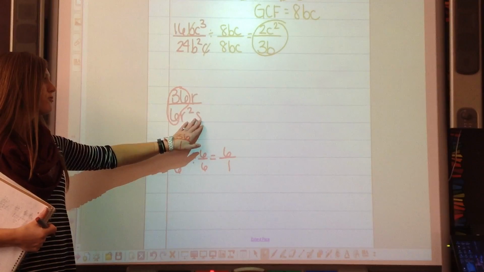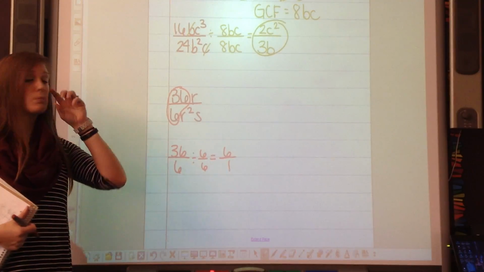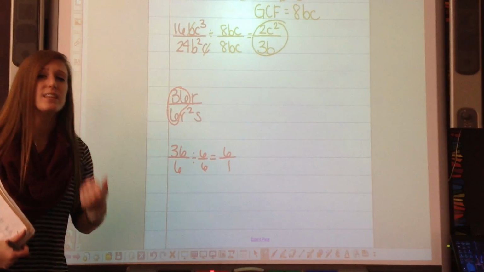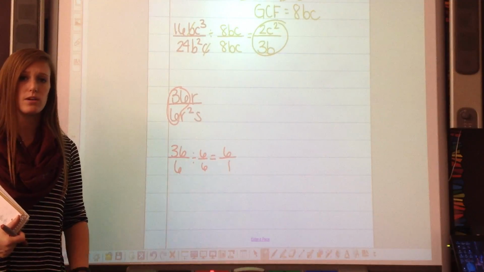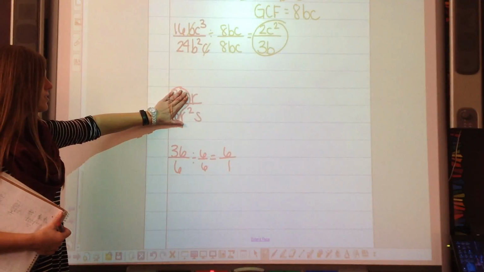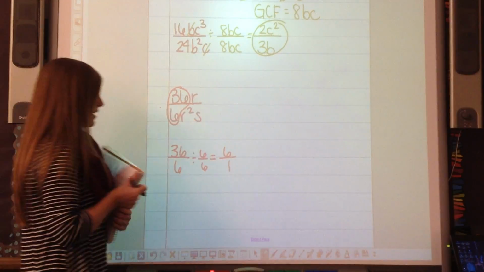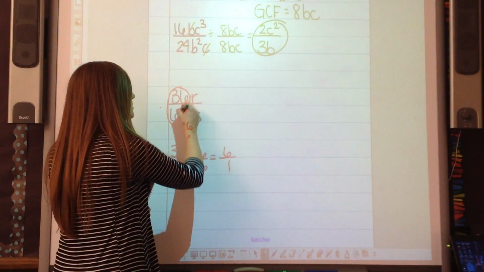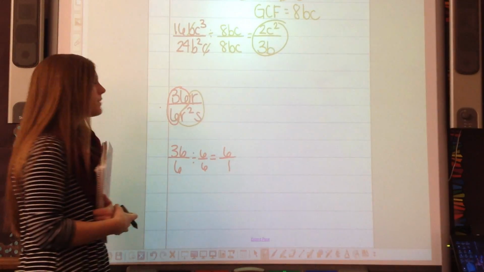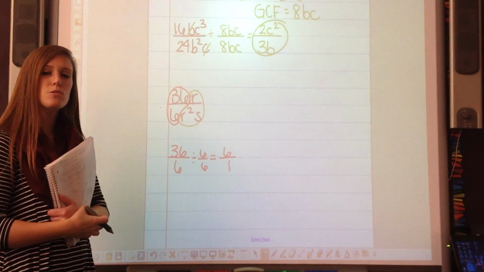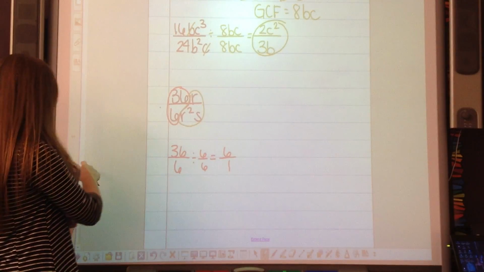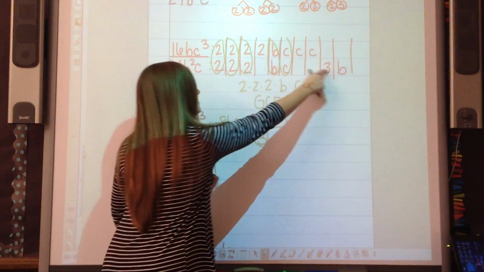We don't have much practice with these variables, so my suggestion is at least find the greatest common factor between the variables. Because I already have the coefficients, I'm just focusing on this r over r squared x. And I'm going to find the greatest common factor, and I don't need to do prime factorization. I'm just going to set up this chart with the columns.